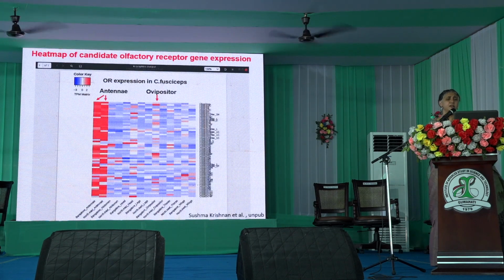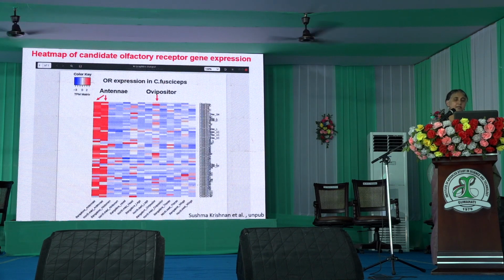We've sequenced the whole genome of the pollinator of Ficus racemosa, and we are now rigorously annotating the genome and its expression in different parts of the pollinator wasp tissue.